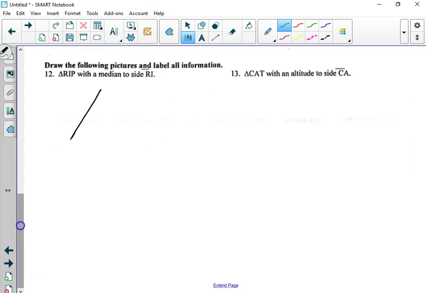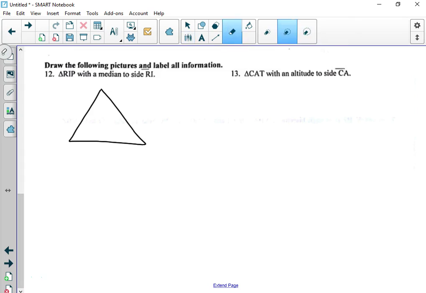Okay, draw and label. It says RI is the side with the median. So I'm going to put RI down here. P is going to be right here. I'm going to mark this in the middle. Mark it like this to show it is the midpoint, and just connect those.